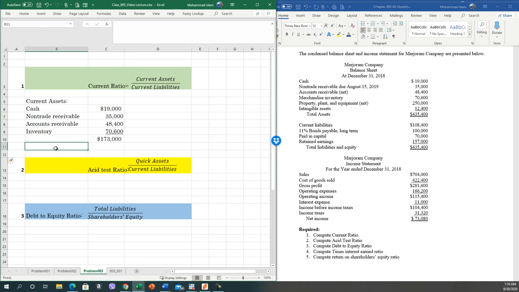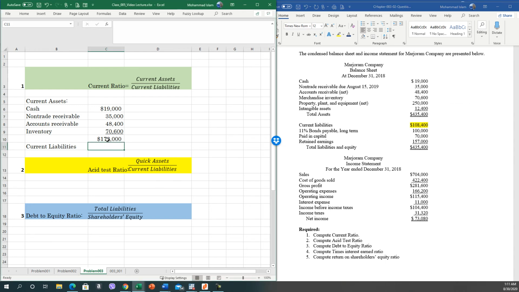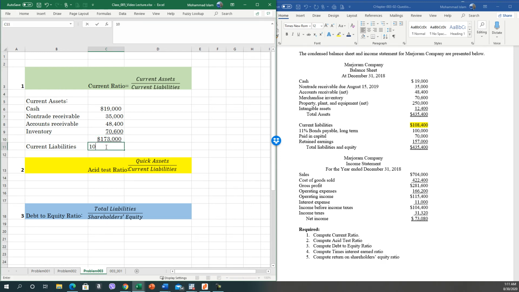Now the current liabilities. We have total current liabilities given. There is no breakdown into accounts payable or something like that, but the total current liabilities is already given, that is this amount. Let me use another underline, and here it is, 8,000.